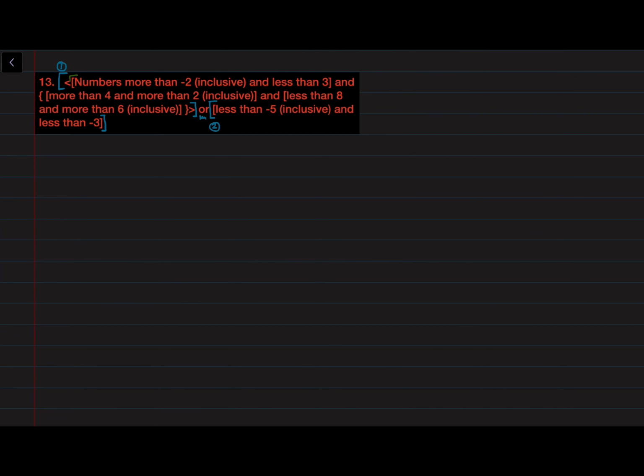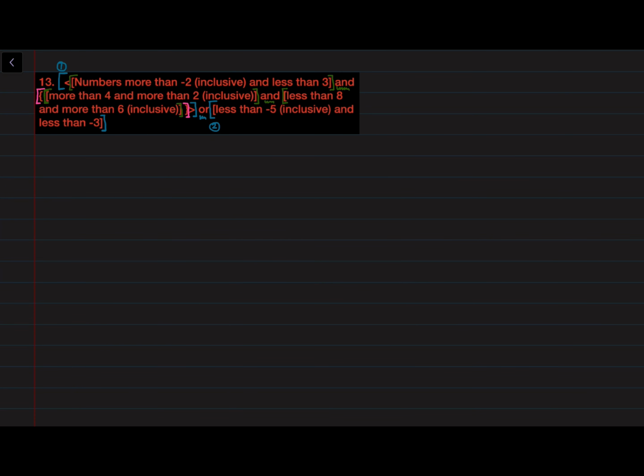We have this part, then an AND operator, and then we have a bigger part which looks like this, and the pink part itself consists of 2 smaller parts, which is this one with an AND operator, and we have this one.